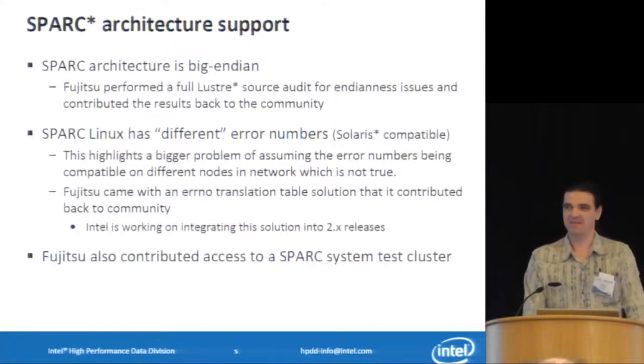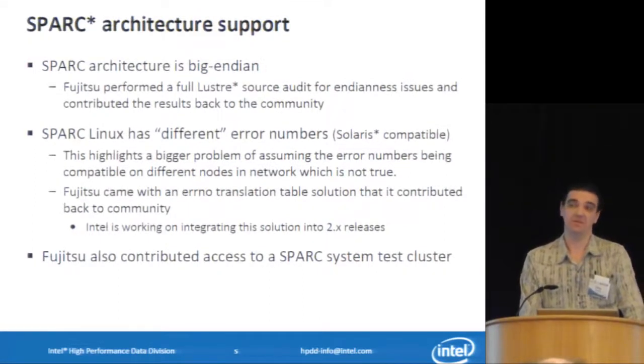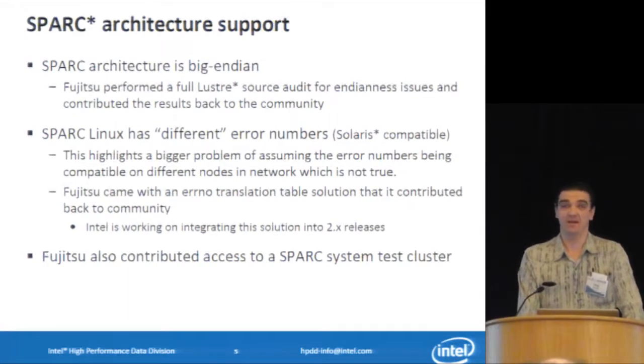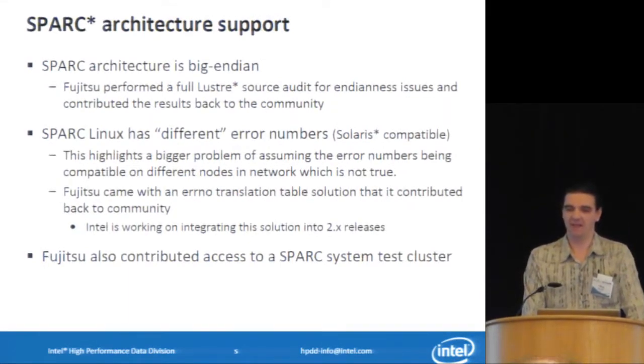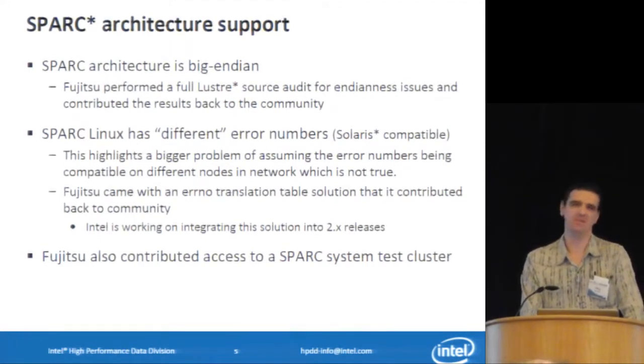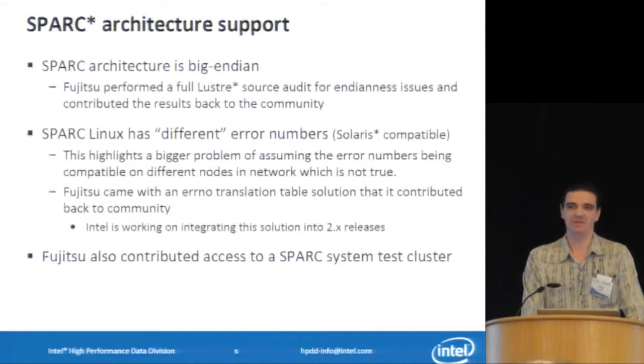So when something sends an ESTALE from a Solaris server to an x86 server, the x86 client actually sees a totally different value. Fujitsu developed a translation table for just on the network error communication, somewhat similar to what NFS does. And so this is what we are taking and we are incorporating into 2.5 release, I guess.